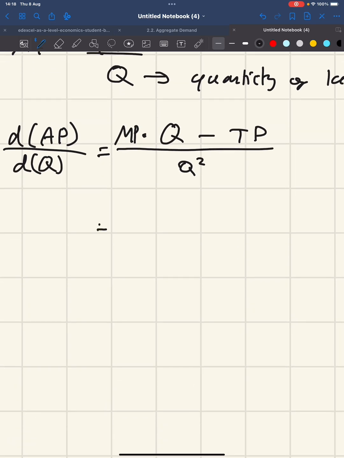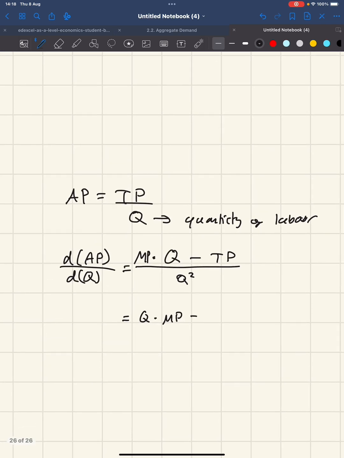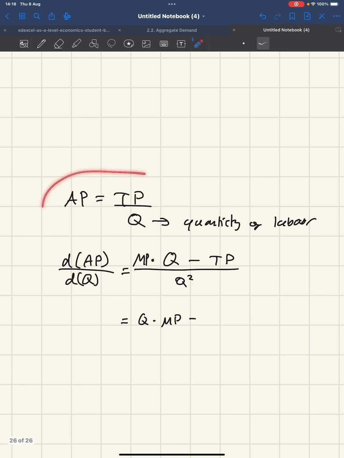Now let's further simplify this. Q MP minus total product, over Q squared. By rearranging this equation, we get Q times AP equals TP.